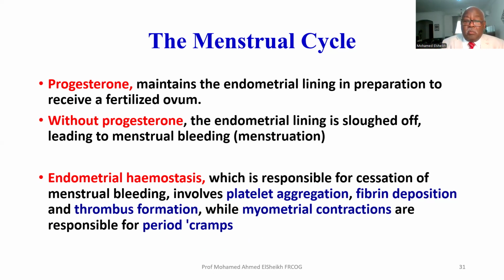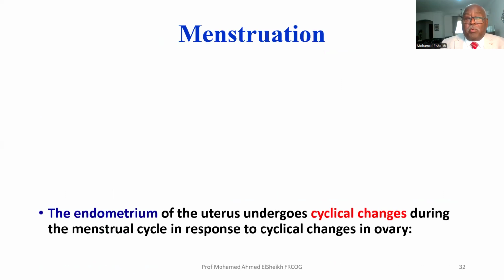Equally, the myometrium contracts, and these contractions of the myometrium are responsible for the period cramps, the pain that the girl gets with the menstruation. So platelet aggregation, fibrin deposition, and thrombus will be formed. This will block the vessels and the bleeding will stop.